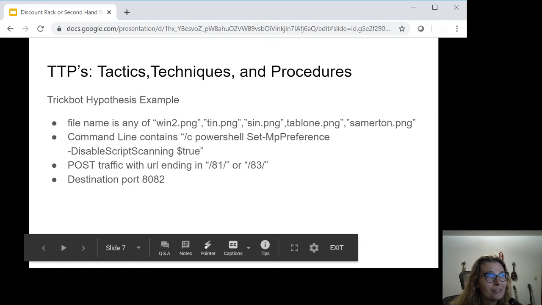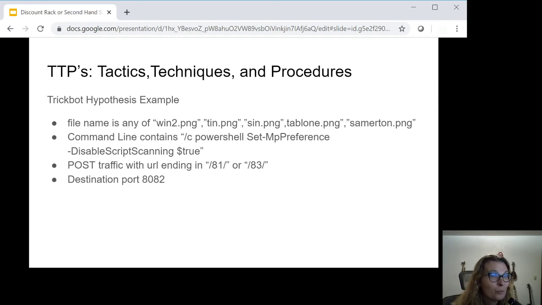Now let's look at tactics, techniques, and procedures. Let's look at Trickbot. This example is from June of 2019, and Trickbot is incredibly versatile and always being updated, but at this particular time, these were some things that were familiar about it. The malicious file names that downloaded were very specific. They were usually executables hiding as PNG files.